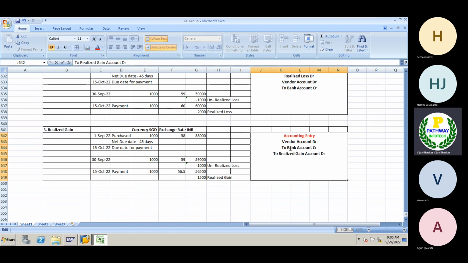Okay, so these are the entries which will flow when it is a realized gain.